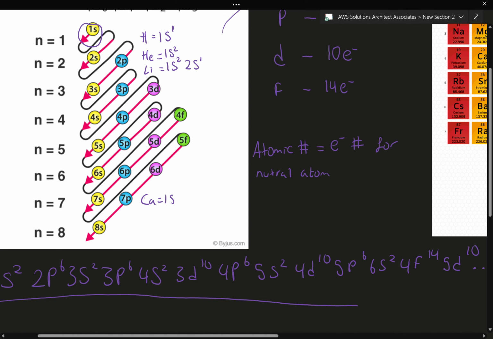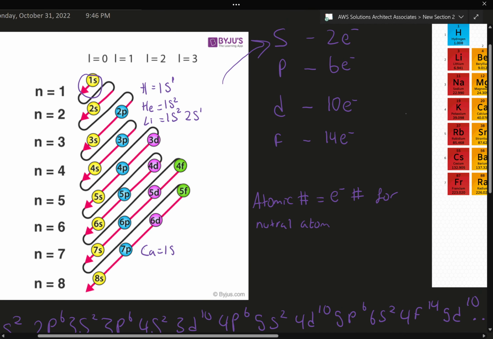How many electrons go into 1s? The s contains a maximum of 2 electrons, so we can fill that up, 2. We're trying to go all the way to 20, and currently we have 2, so what is left is 18. What's next is our 2s. So I'm going to put 2s, and how many electrons are you going to put there? You can pause this video and think about it.